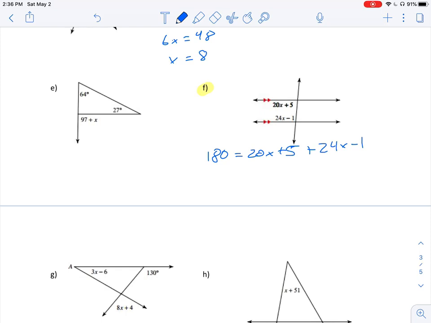Now I just go ahead and solve for my variable. I end up getting 44x, and then on my left side, I have 180 minus 5 plus 1, which gives you 176. And then divide both sides by 44. I end up getting an x value of 4.